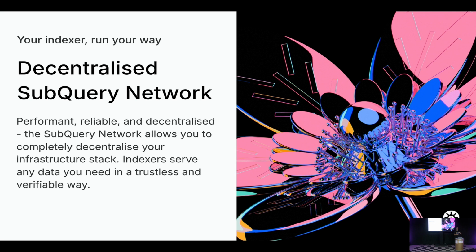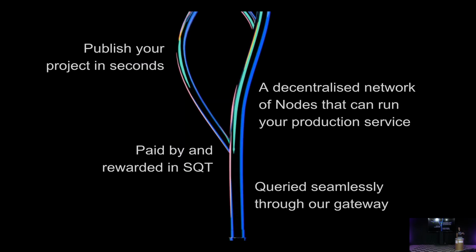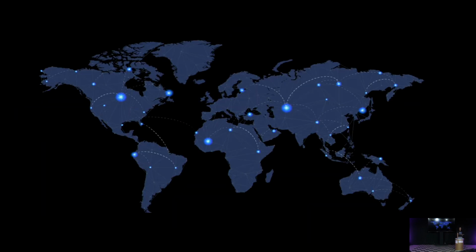So it's not like a single entity, one company, is performing the service for you. You have access to the globally distributed network of node operators. So this is how the SubQuery network works. It allows you to publish a project in seconds, and then use other node operators to get this data indexed. They are paid or rewarded in SQT token, and you can seamlessly query it through the Gateway and be fully decentralized.